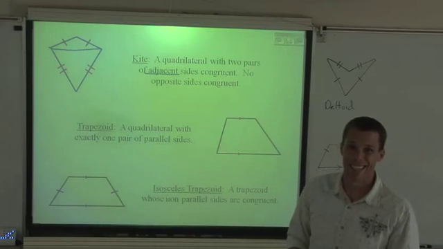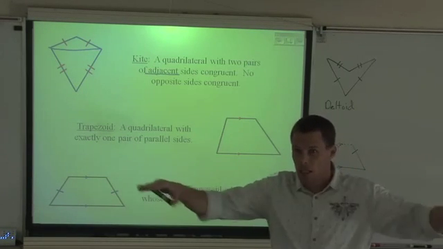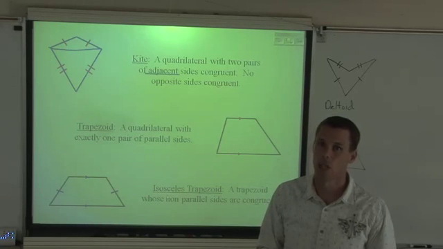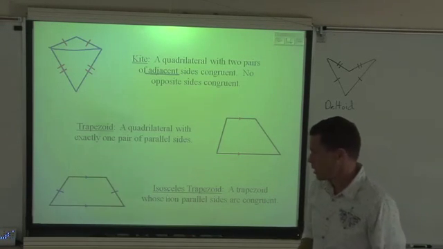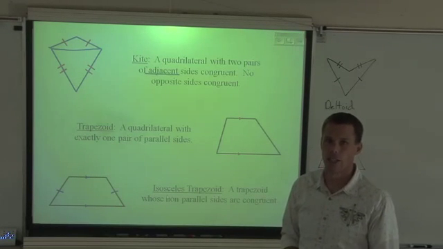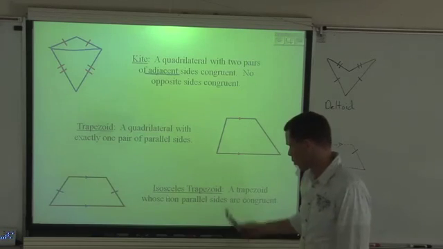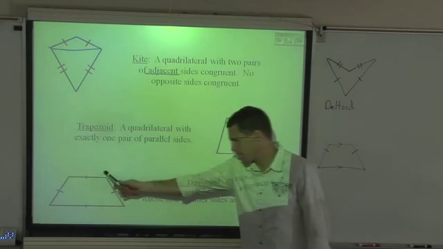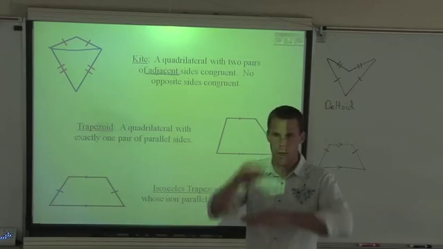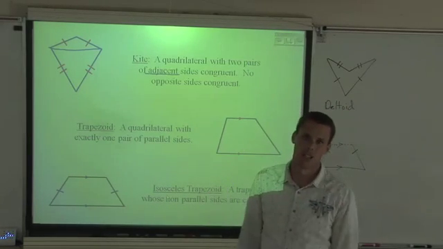So we've taken an isosceles triangle, chopped the top off, and we have ourselves an isosceles trapezoid. There will be similar characteristics between an isosceles triangle and trapezoid. So, one pair of parallel sides and the non-parallel sides are congruent. One pair parallel, non-parallel sides are congruent.